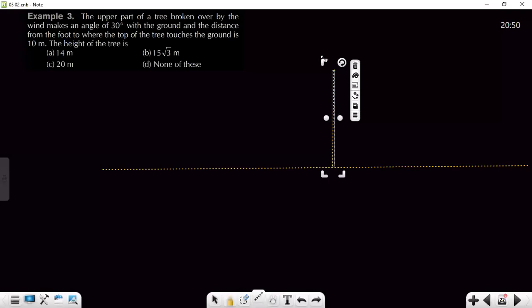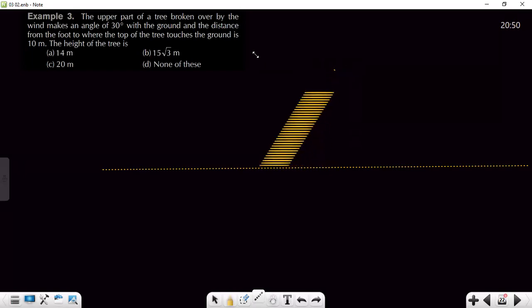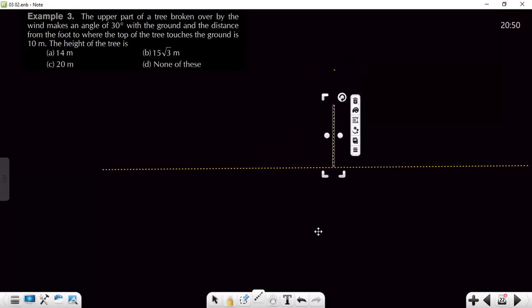But if it breaks down, the height will be reduced. See, if this was the tree and it breaks down, the remaining part will come down like this and touch the ground. So the end drawing will be somewhat like this.